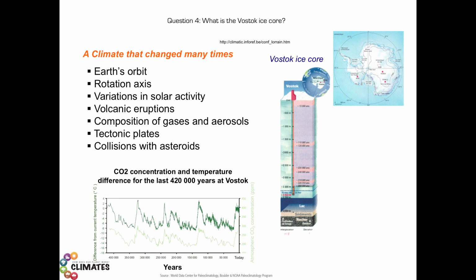The unit, ppm, meaning parts per million, is the number of CO2 molecules in 1 million of air molecules. What you can notice is that the two curves are following each other. More precisely, scientists noted that the rise of the temperature appears a few centuries before the rise of the CO2 concentration.